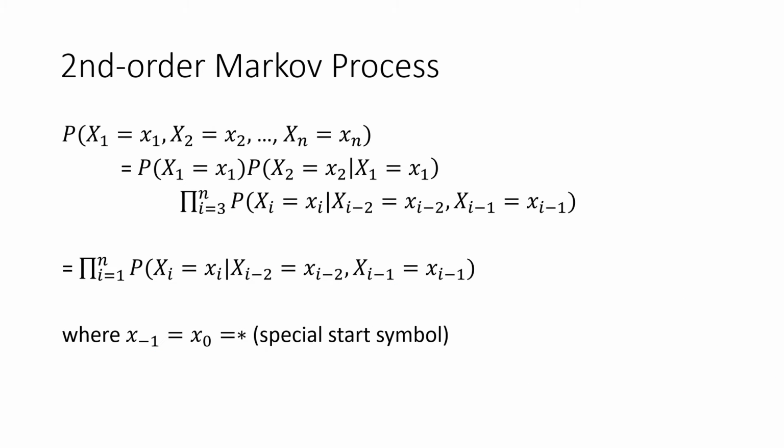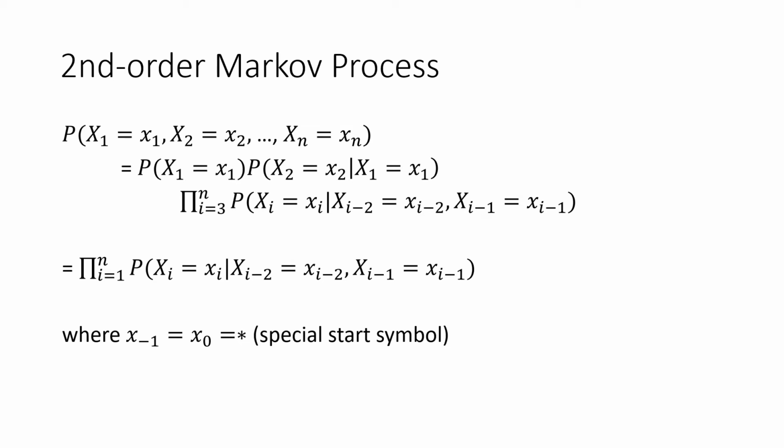When we want to calculate the probability of a sequence of words by using the first order Markov process, we'll condition each word on one previous word. But if we want to use the second order Markov process, we'll condition each word on 2 previous words.